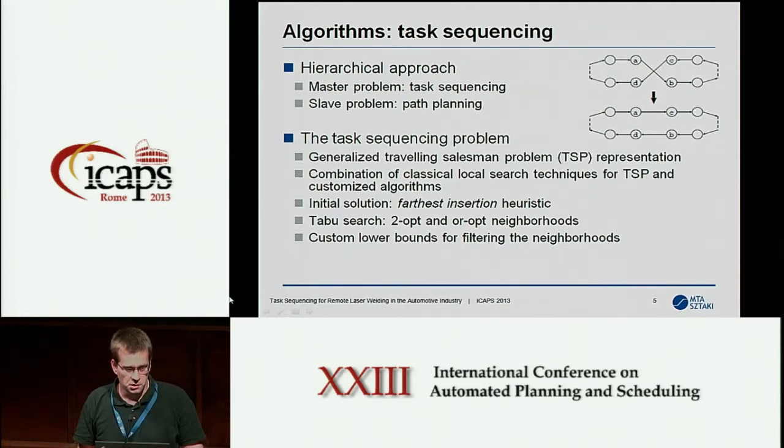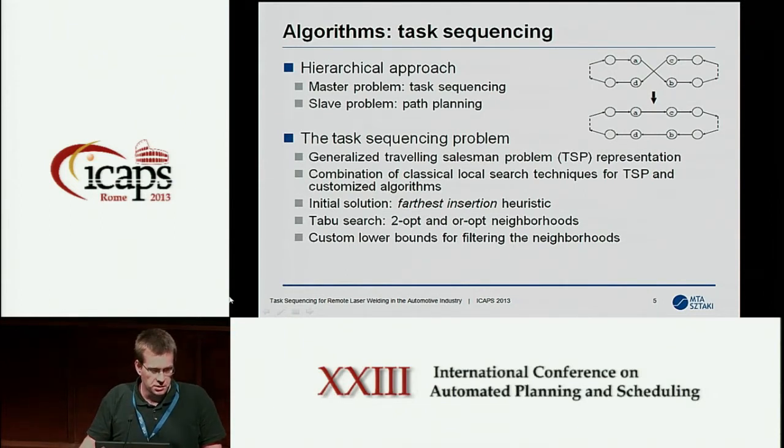Still, we have solved this problem using adaptations of classical local search techniques for TSP and some customized algorithms for our specific problem. Namely, we generate an initial solution using the farthest insertion heuristic, and then improve this solution using a tabu search with the 2-opt and or-opt neighborhoods. We have developed some custom lower bounds for filtering the neighborhoods that give a lower bound on the path length.